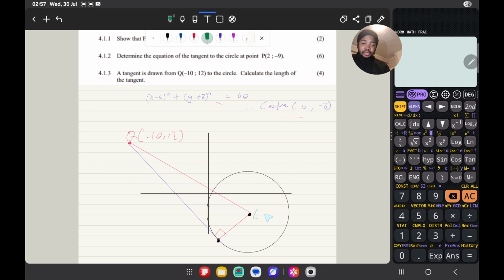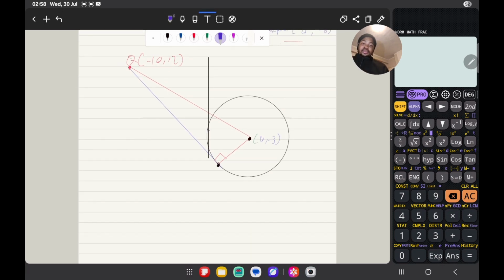The point here, what is the point? It's 4, minus 3, right? We can try to find the distance for this. So let me call my center O. So then I will say QO.